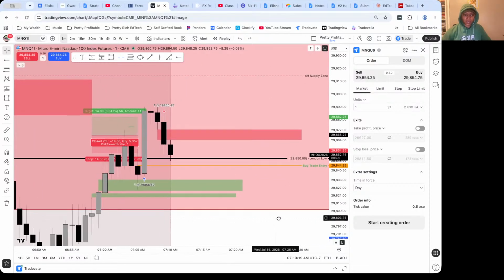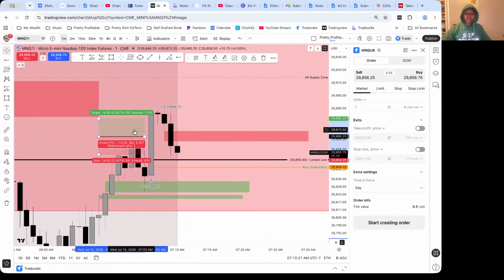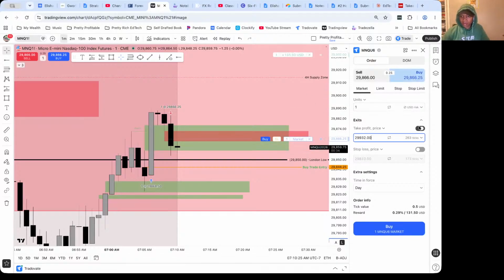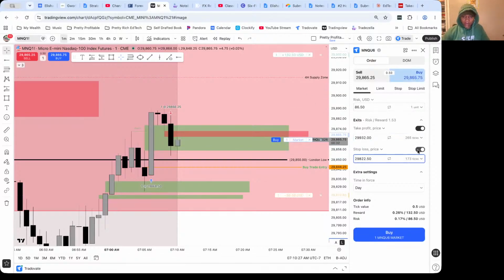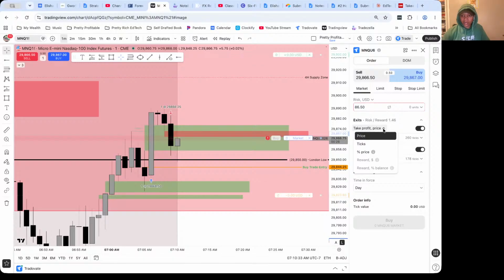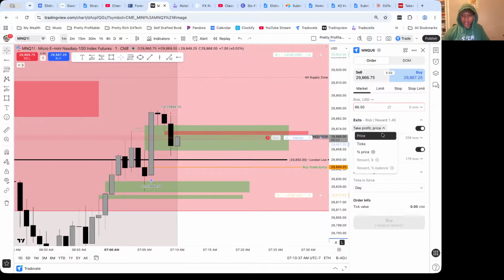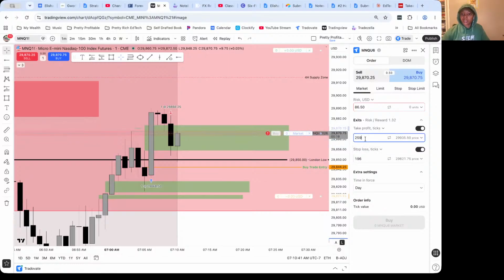I'm trying to figure out why. What's wrong with my market orders? What is going on? Do I need to manually put ticks? 50 ticks?